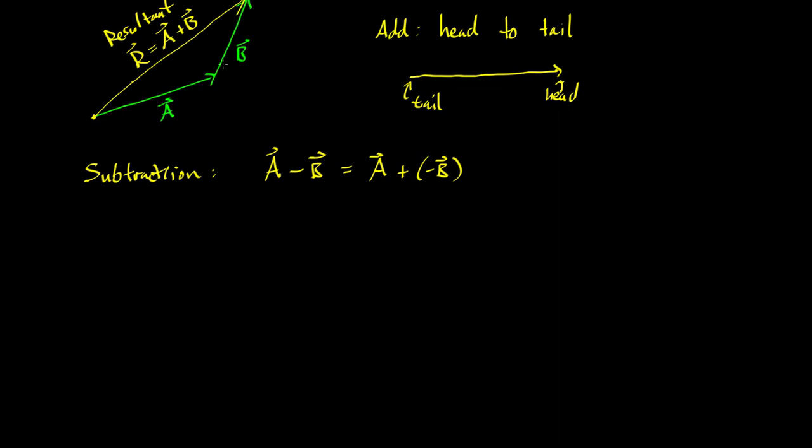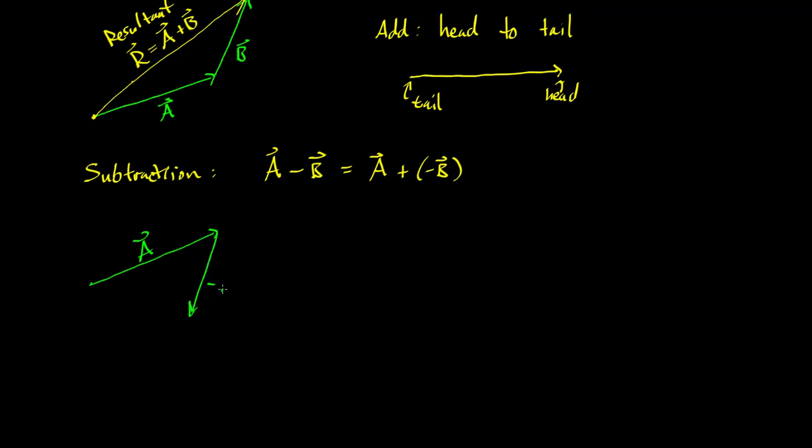So in the same case with these two vectors, instead of adding them, say I wanted to subtract them. I wanted to do A minus B, then I would just flip the direction of B. So we would end up with something like this. This would be A, and then we would change the direction of B, flipping it so that it's directly opposite of what it was before.